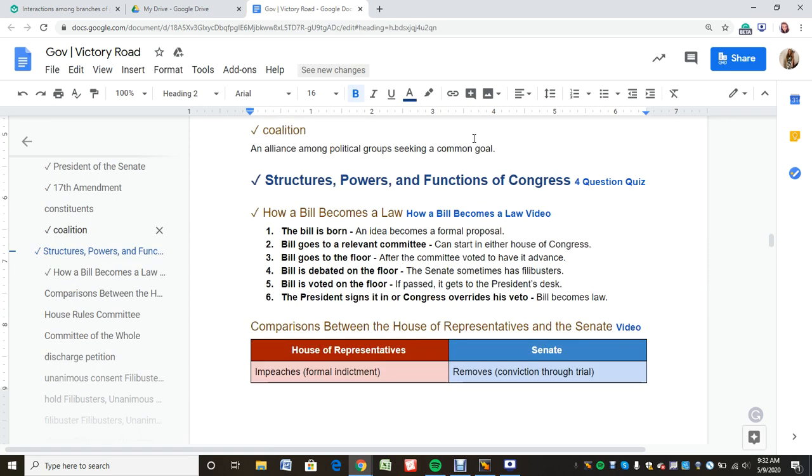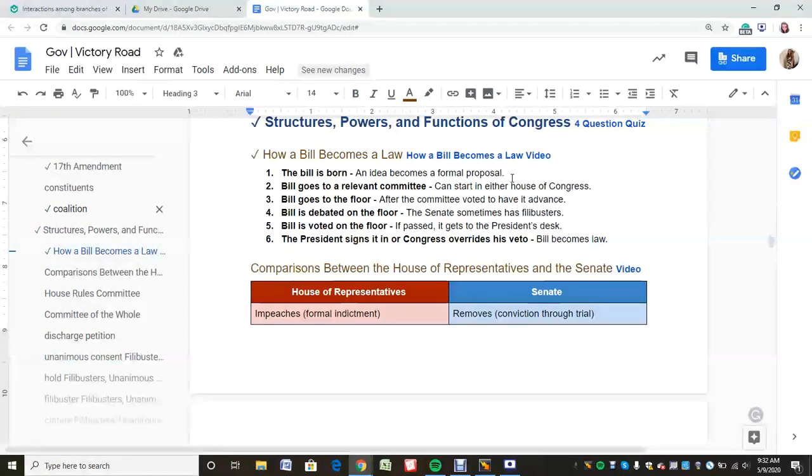For a bill to be born, someone has to introduce it to the House of Representatives. Technically, anyone can make a bill, but it's usually someone who's actually in government.